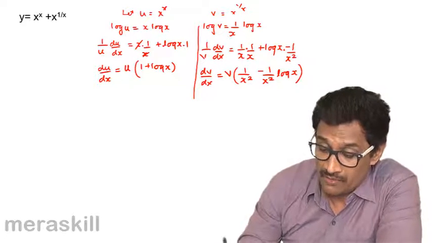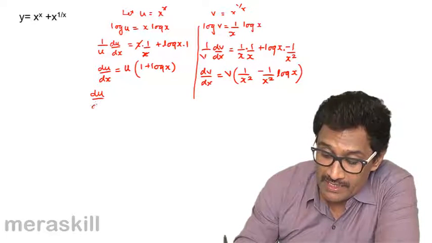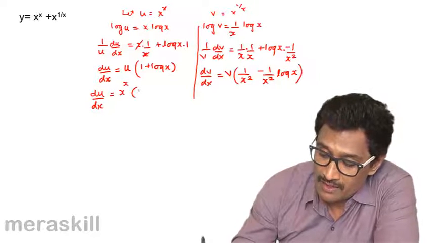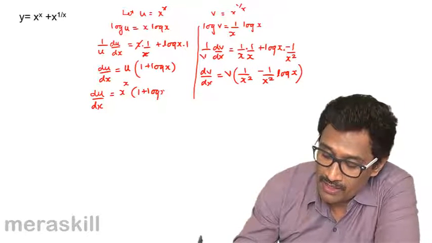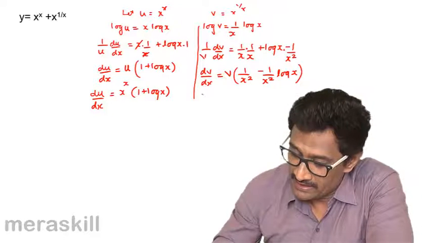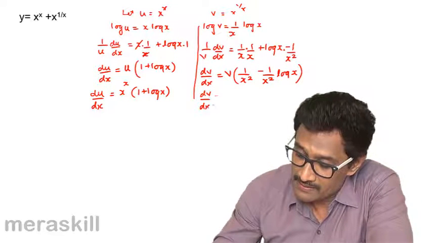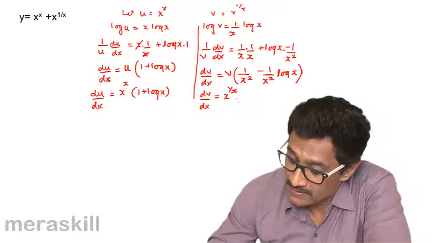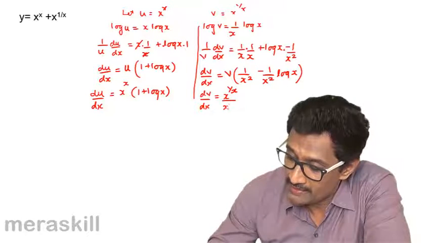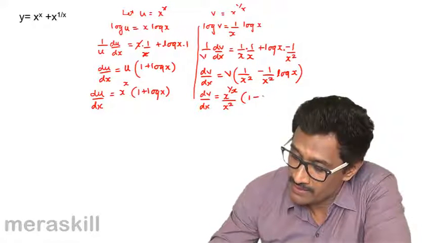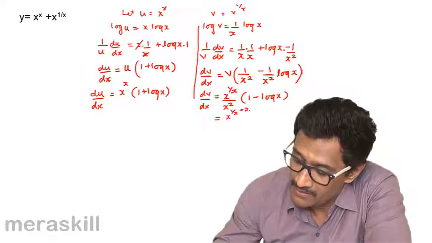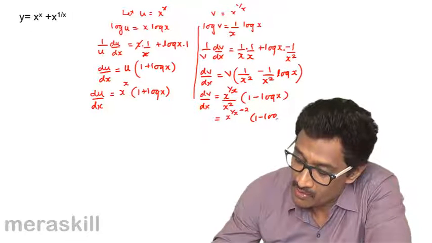Right? Now this again can be written as du by dx is u, and u is nothing but x raised to x, into 1 plus log x, and dv by dx is x raised to 1 by x upon x square into 1 minus log x. This can eventually be written as x raised to 1 by x minus 2 into 1 minus log x.